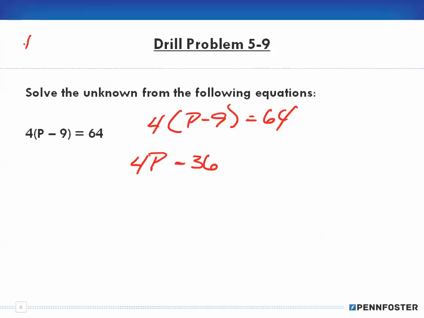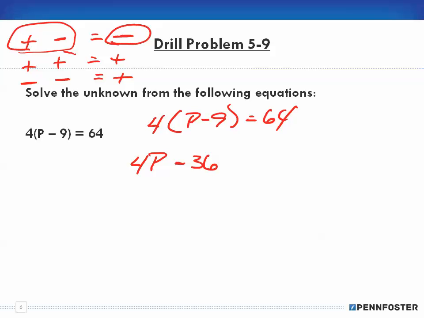Remember, a positive times a negative is equal to a negative. A positive times a positive is equal to positive, and a negative times a negative is equal to a positive. So whenever you multiply something together, if they have opposite signs, you end up with a negative. If they have like signs, you end up with positives.